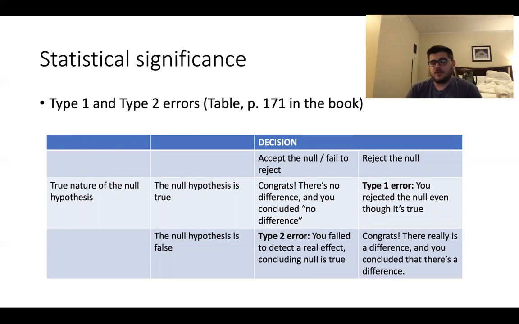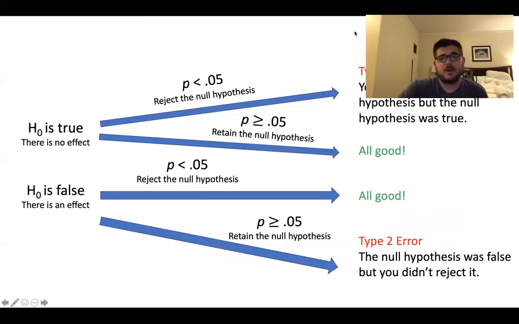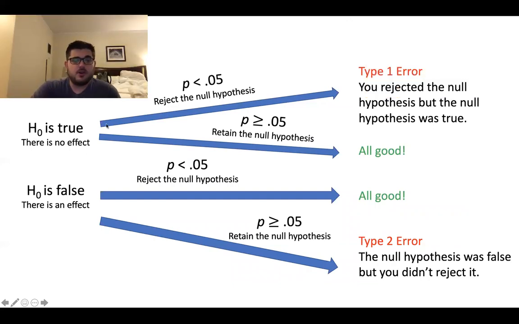So you could be making a mistake when you reject the null hypothesis or retain the null hypothesis, fail to reject, retain, tomato, tomato. And I'm actually going to go to a different slide to talk about type 1 errors and type 2 errors. So you don't know if the null hypothesis is true. You don't know that there's no effect. You assume it's true so you can calculate the probability of your data. That's where the p-values come in. But you never know exactly whether it's true or not.